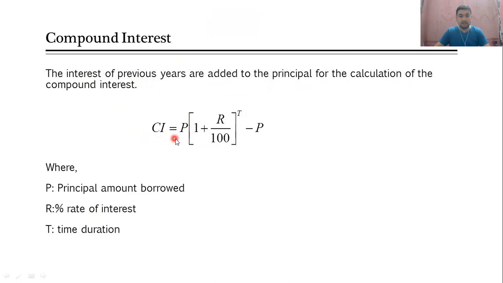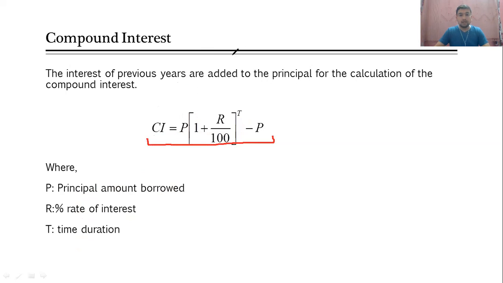So CI is equal to capital P in bracket 1 plus R upon 100 to the power T, minus P. What is P again? P is the principal amount borrowed. R is the percentage rate of interest, and capital T is the time duration. Okay, so remember both the formulas of simple interest and compound interest, how to calculate.